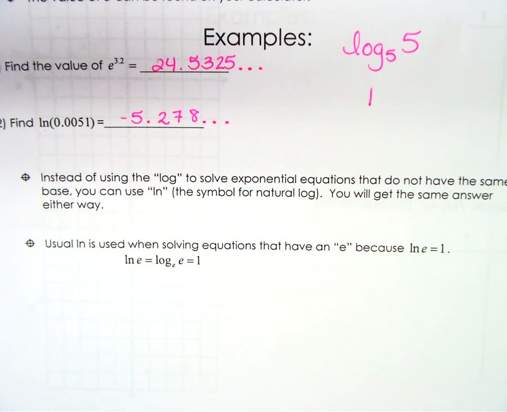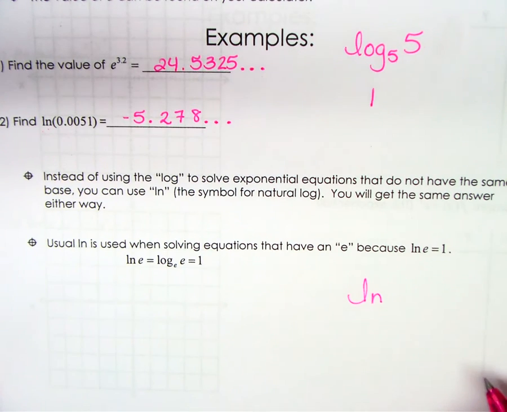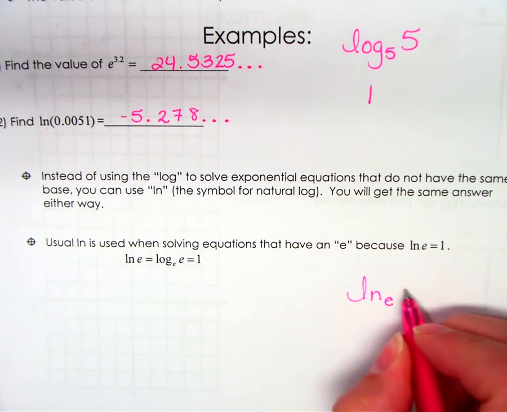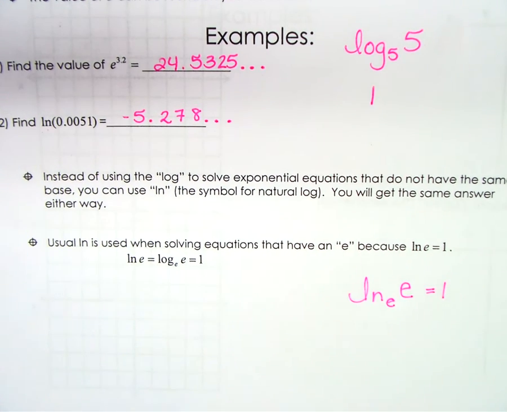So instead of using the log to solve exponential equations, you can use the natural log button and you'll get the same answer. Usually ln is used when solving equations that have e because ln of e is equal to 1. We just talked about that because the base on the natural log function is an e, so your argument would be e, and that would have a value of 1.